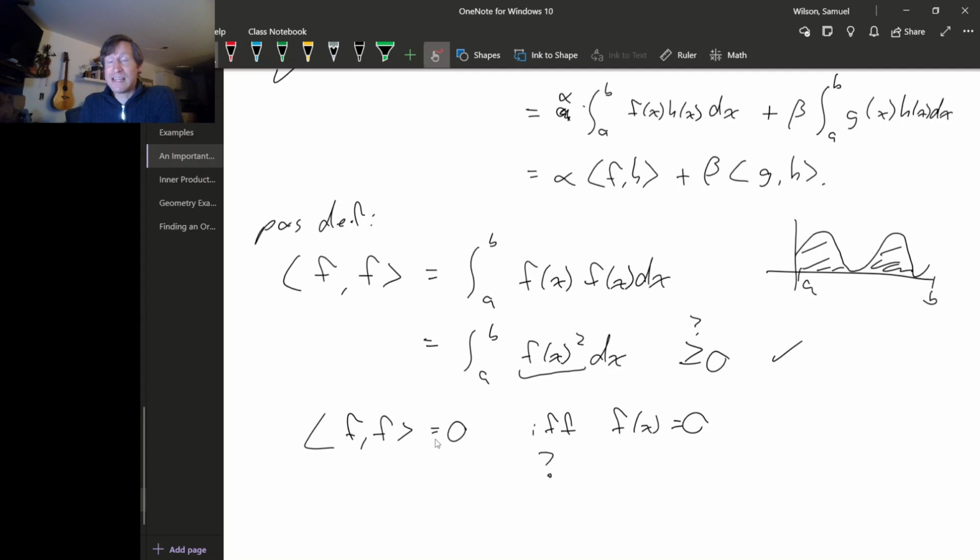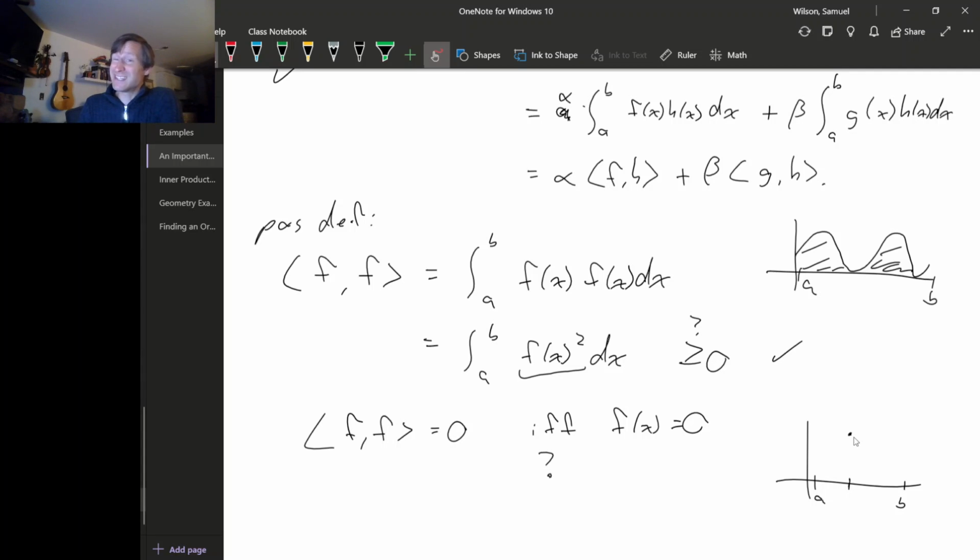So imagine that this product of f with itself gives us 0. Well, if you have a function that's non-zero and it's continuous, if its square is non-zero, it has at least one x value from a to b where it's above the x-axis.